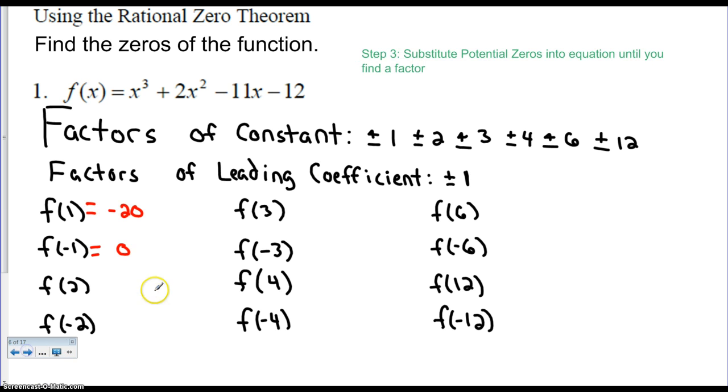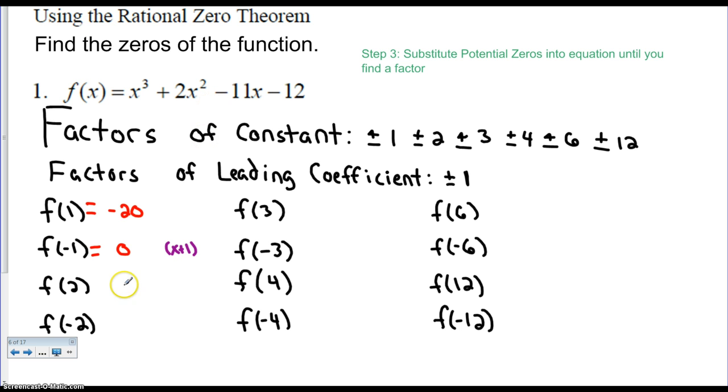So what is the next thing I do? Well, the next thing I do is substitute the potential zeros into the equation until I find a factor. When I plugged 1 into this function, I got negative 20. And then when I plugged negative 1 into this function, I got 0. That means that negative 1, or x plus 1, goes into this quantity perfectly.